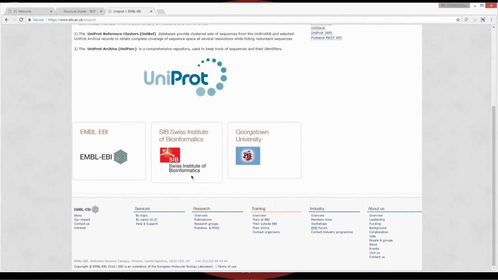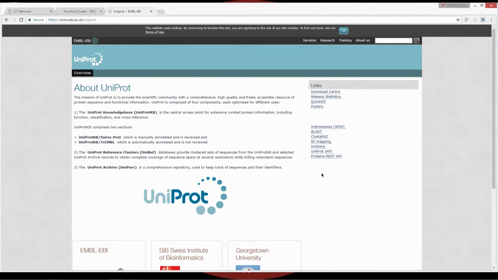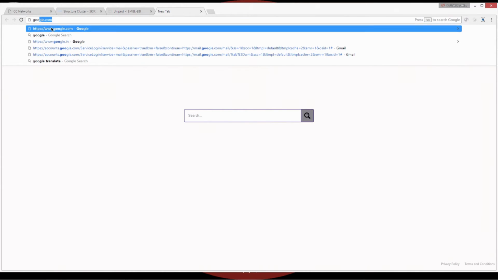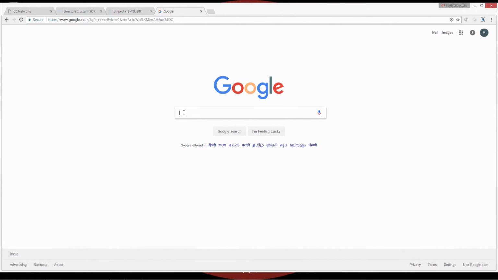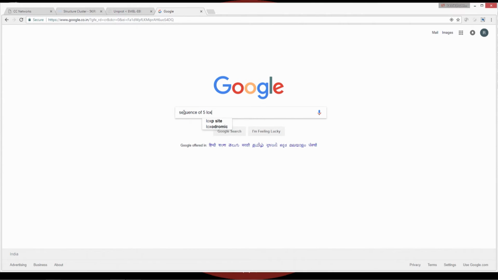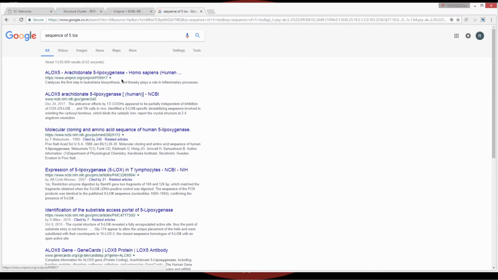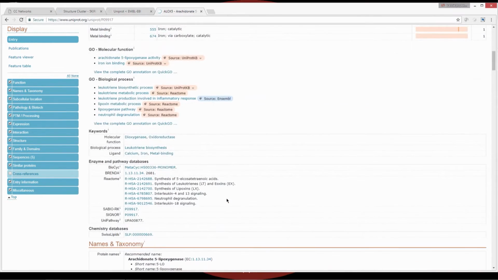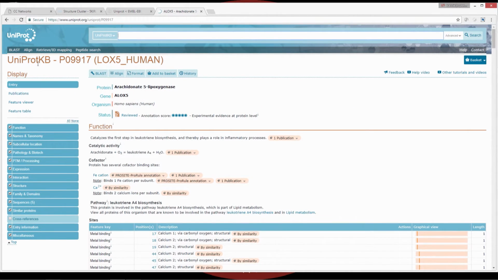Okay, so the 5-lipoxygenase, the sequence is given actually. Okay, sequence of 5-lipoxygenase is given.